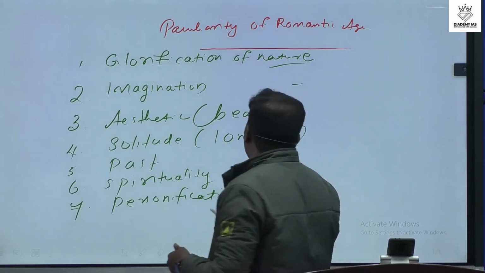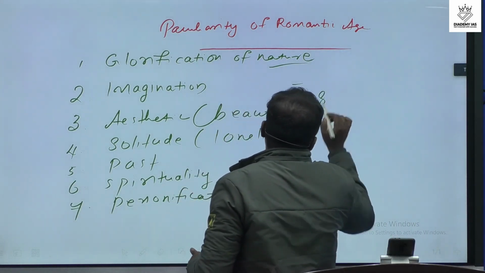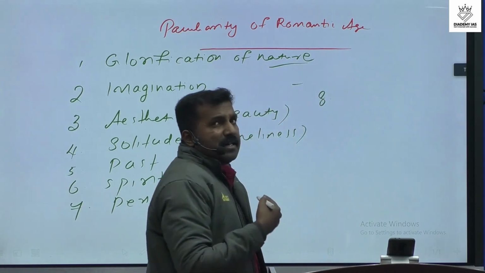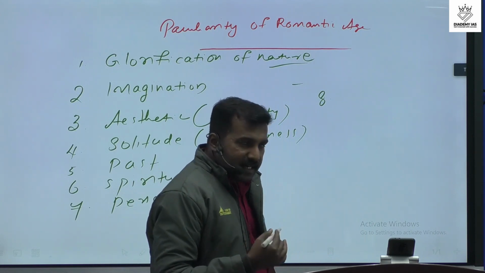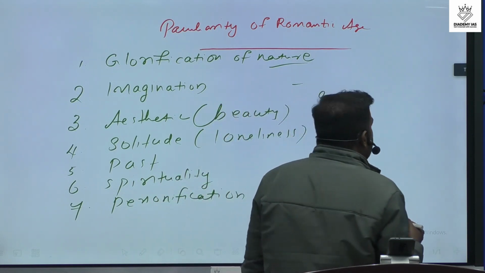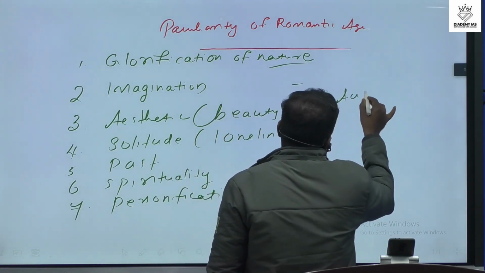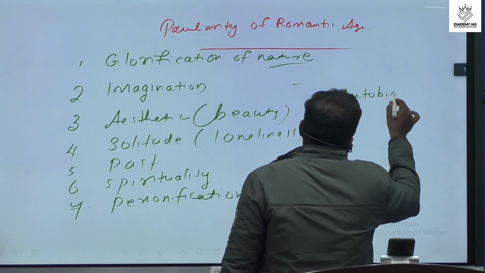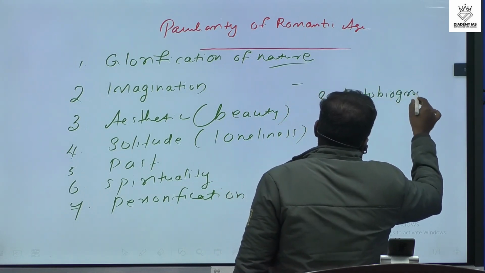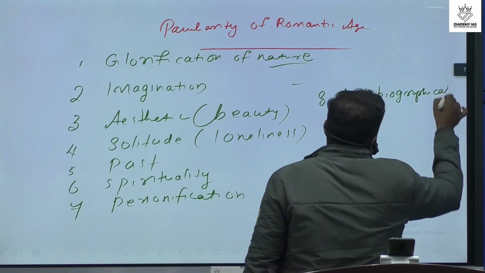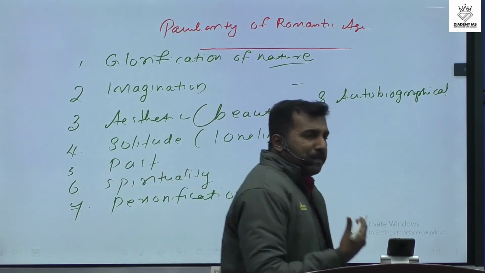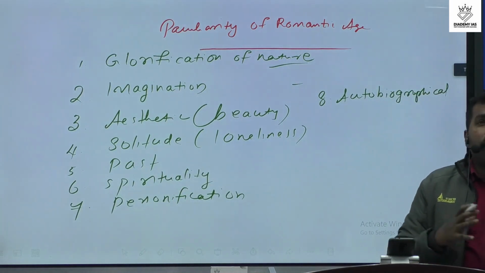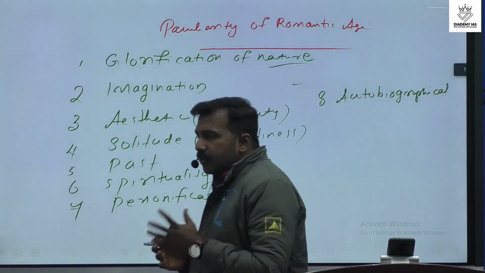Then next, the eighth one is that most of the Romantic literary works were autobiographical. Most of the literary works during the Romantic age were based on autobiography.